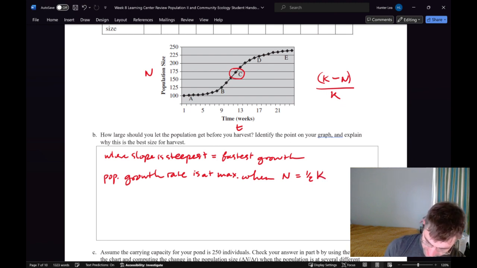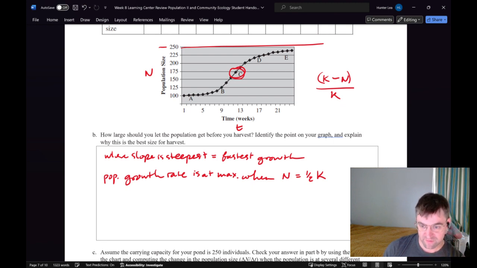So if our carrying capacity is around 250 walleye, 250 individuals, half of that is when growth is the fastest, and that's going to be our best time to harvest.